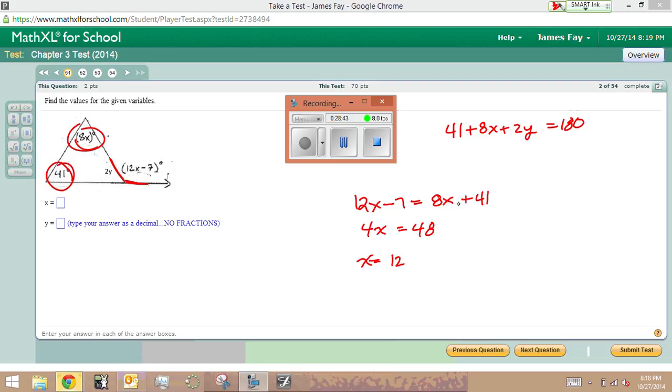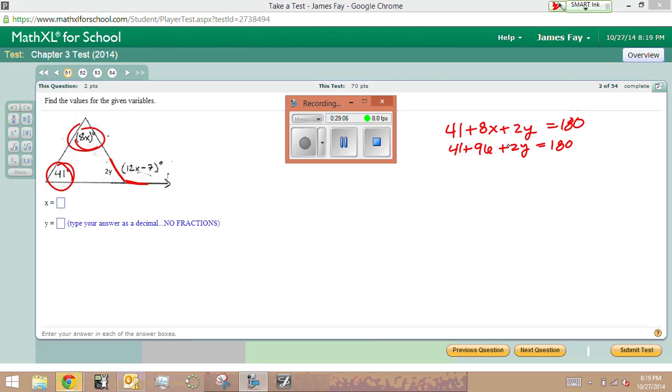Okay. Now, coming back up here, if x is 12, I've got 41 plus 12 times 8, which is 96, plus 2y equals 180. Now that's enough information. I've gotten rid of my x, left with just a y now.